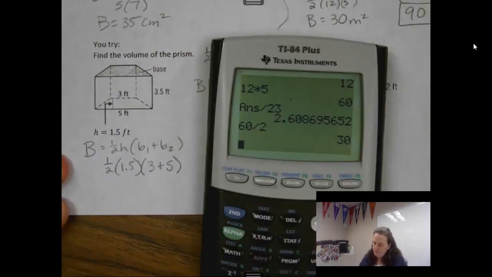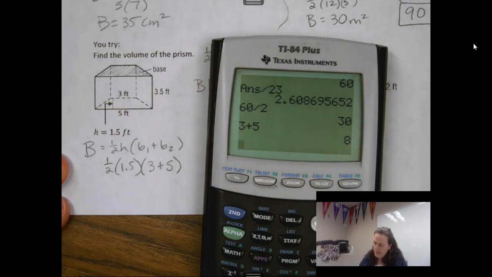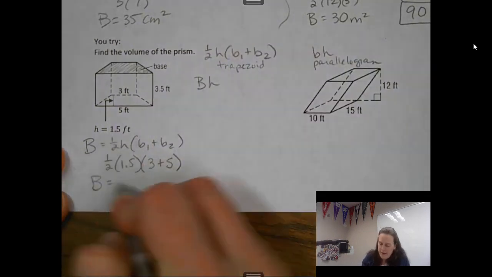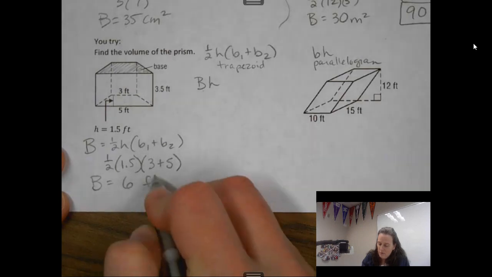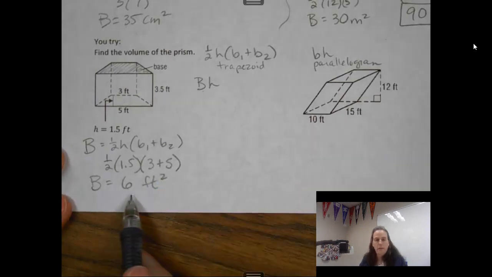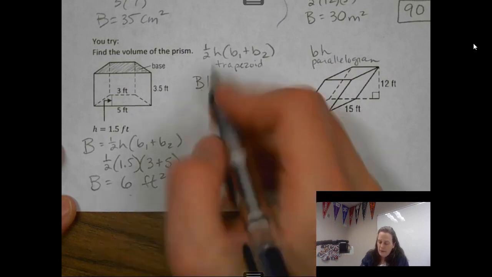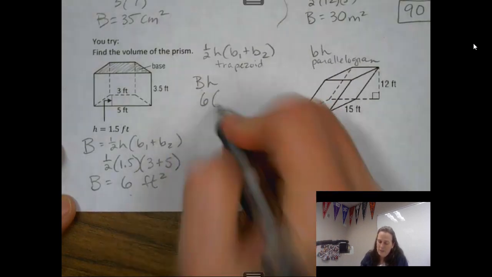Let's get a number then. 3 plus 5 is 8 times 1.5 times 1/2. Did you get 6? Okay, the area of that trapezoid is 6 feet squared. Squared's for surface area. Now we know what to put up here. 6 times the height.